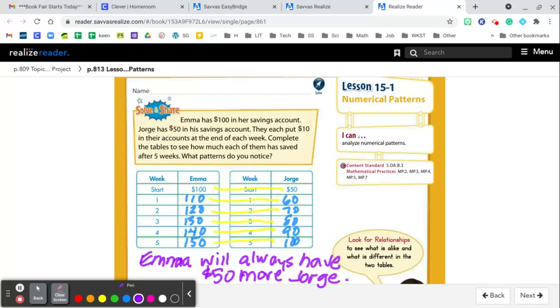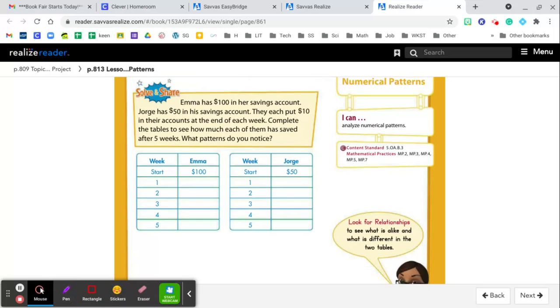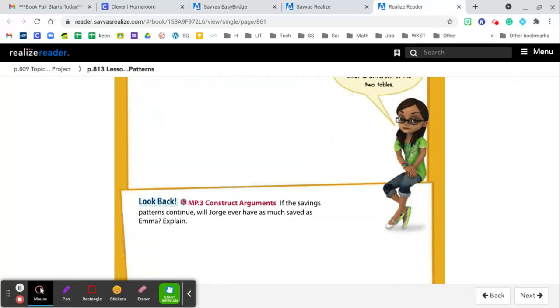If the savings pattern continues, will Jorge ever have as much as Emma? No, because she'll always have $50 more.